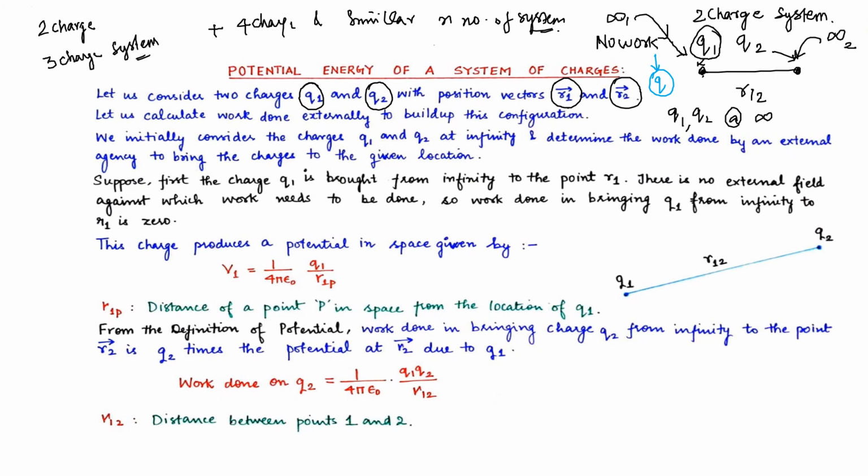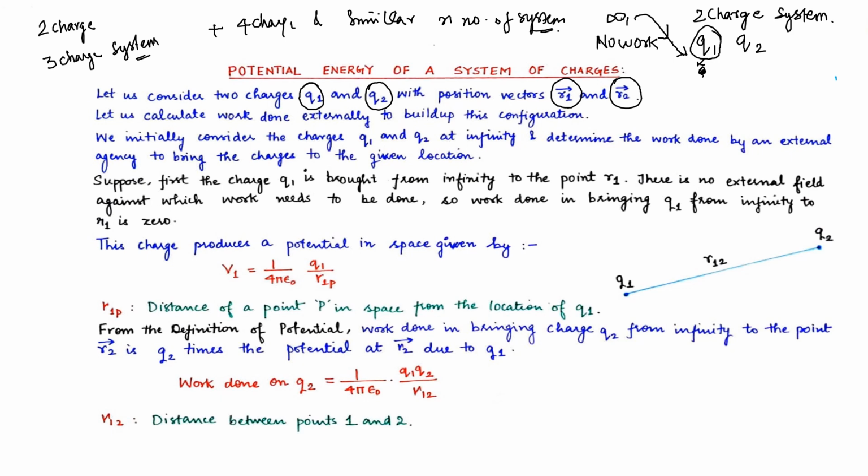There is no potential, no external force. So our charge Q1 is free to move in this system until we introduce another charge, Q2. So first we brought our charge Q1 from infinity, which does not need any work to be done on it. It was simple, easy to access and easy to move.